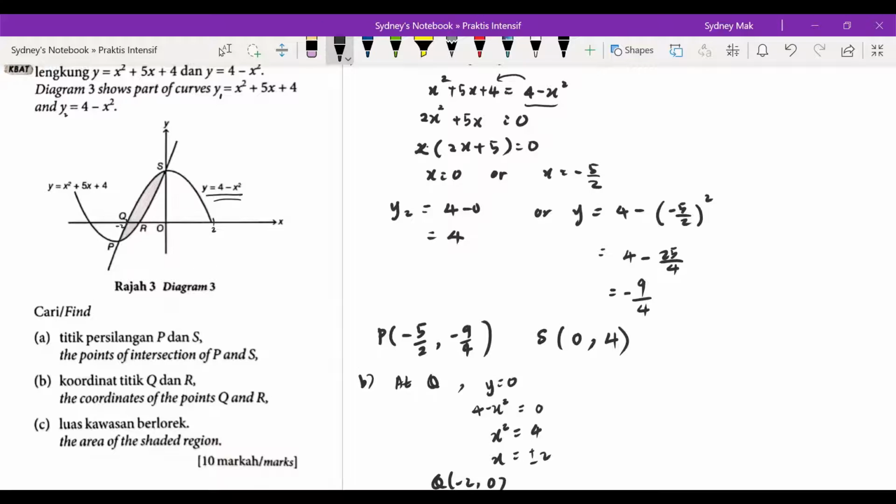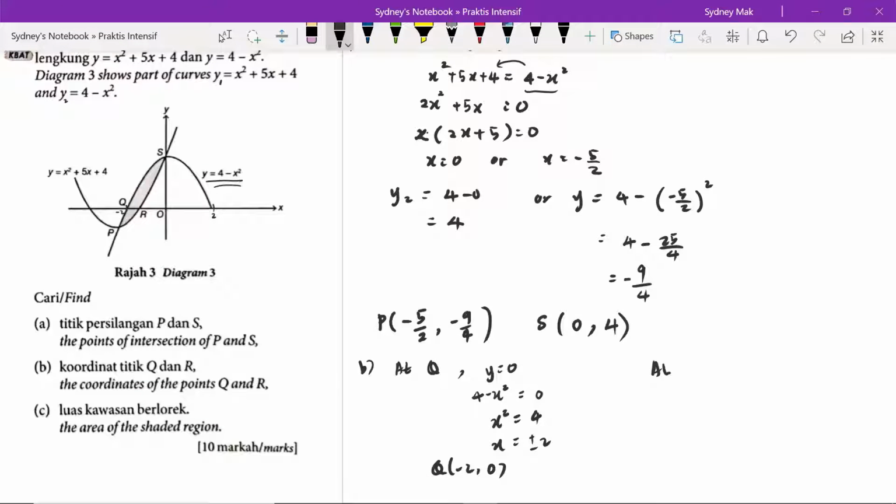All right, and at the point R, y equals 0. Therefore, R is on the smiling face graph. We substitute y equals 0 into x squared plus 5x plus 4, so x squared plus 5x plus 4 equals 0.